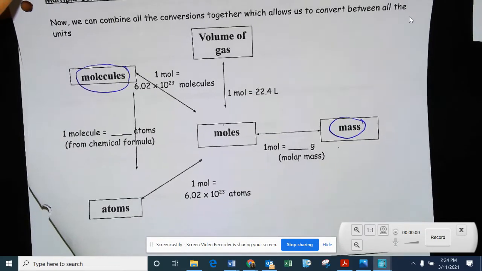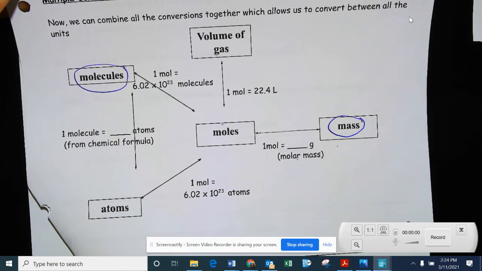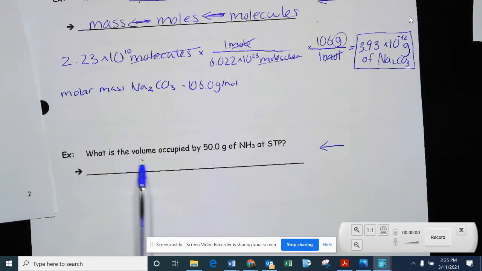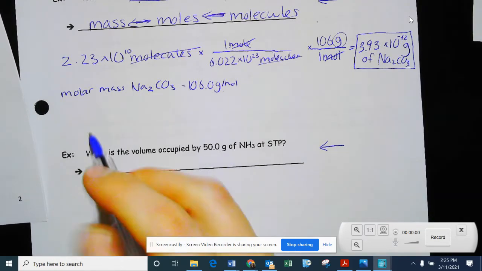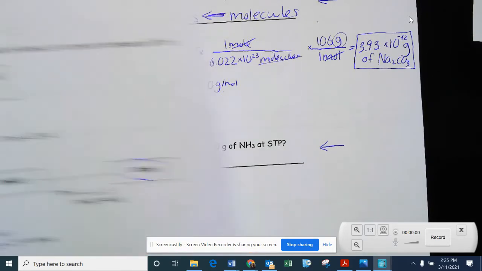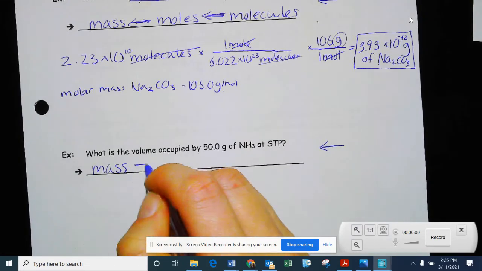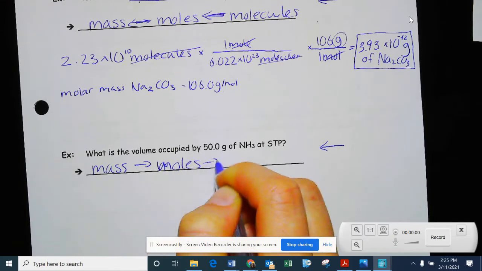So what am I starting with and what am I going to? Mass, awesome. And what's my end question? Volume, good. Do I have to go through moles? Yep. Whoops, that's not a mole. There we go. Moles to volume.